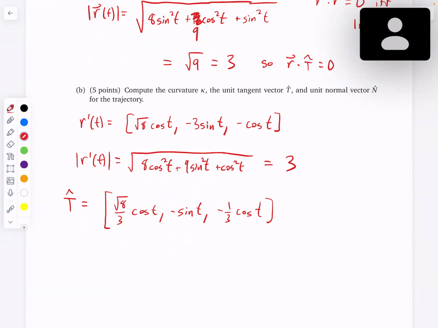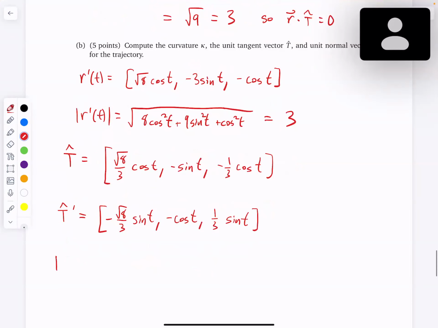We need to take the derivative of that, t hat derivative, to get the normal vector. And the derivative of that will be negative root 8 over 3 sine t, negative cosine t, and then this will be 1/3 sine t.